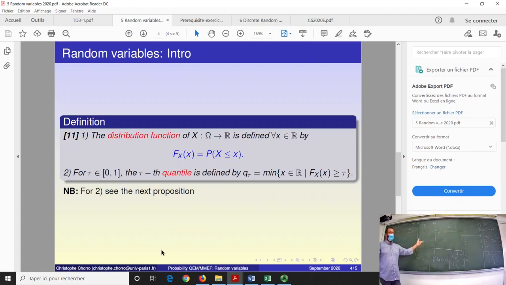So you have here, in the example of an indicator function, its distribution function. Here I take only 3 possible values because the random variable takes 2 values, 0 or 1. So here I have plotted the distribution function of an indicator function in this situation.